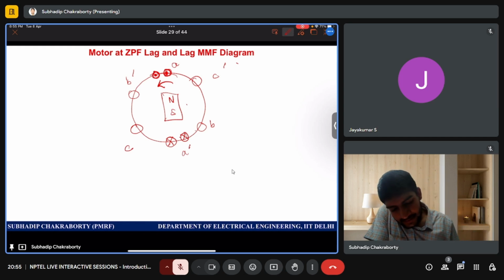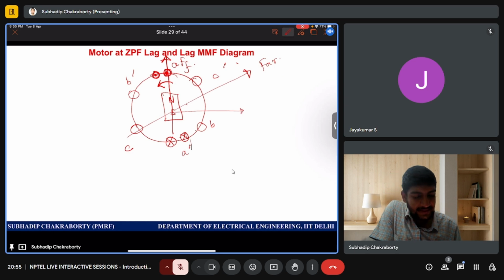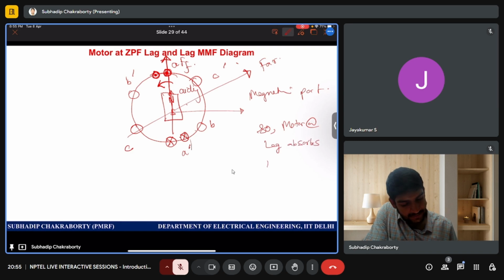Current is leading, right? So you see for the motor what happens, this is the field MMF, and this you do right hand, this is the armature MMF, and one part of it is like this, another part is aiding. You saw it is the aiding or magnetizing part. So a motor at lag absorbs reactive power, has magnetizing armature reaction.